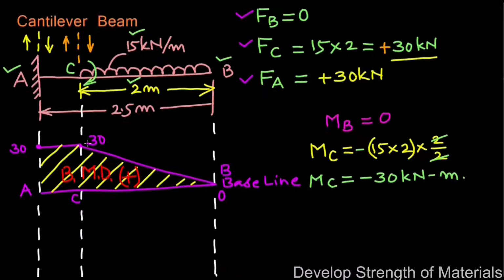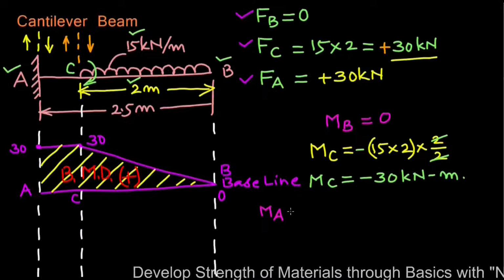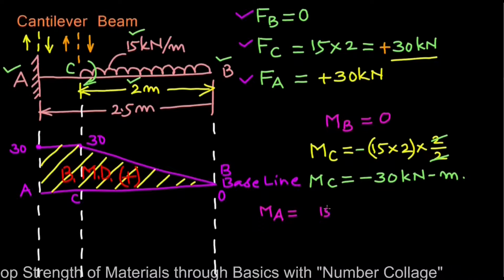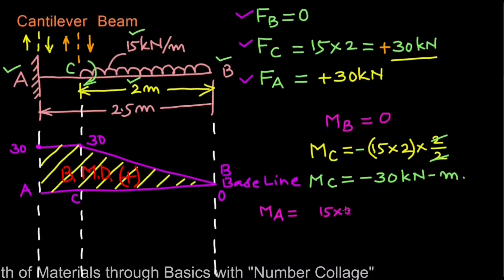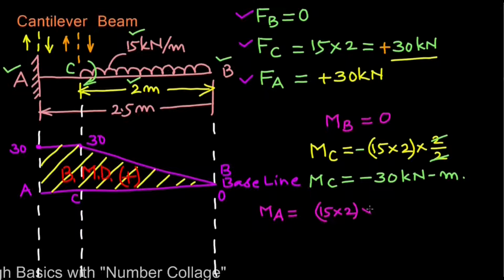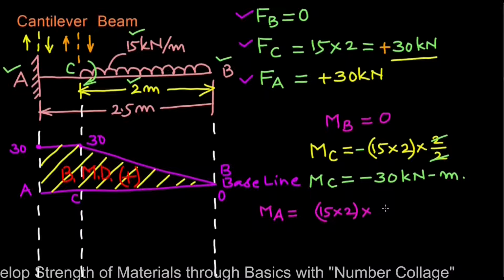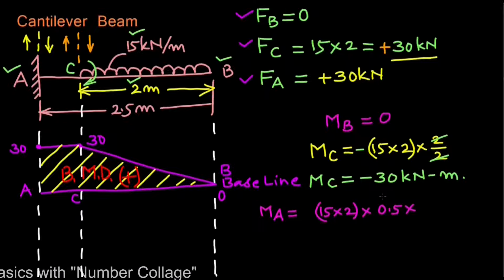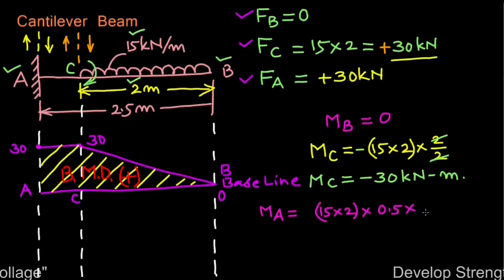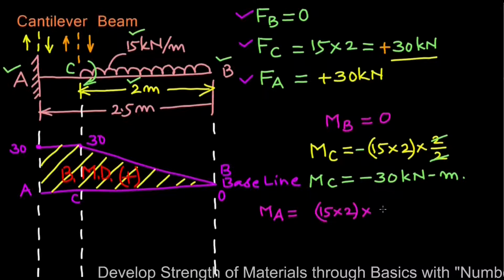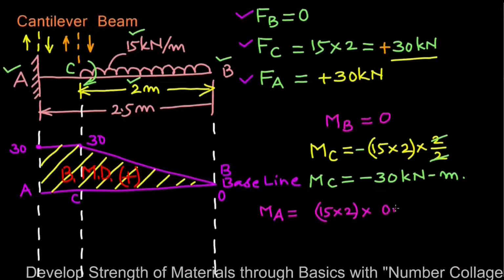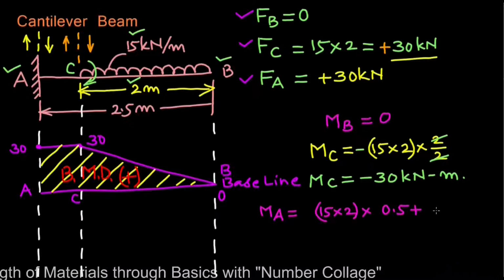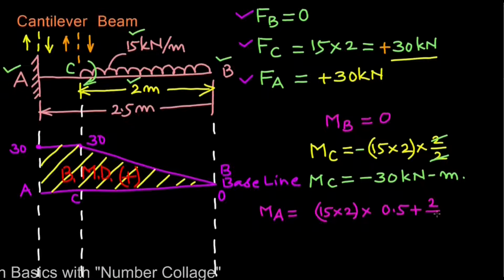Next, bending moment at point A, MA, will be the UDL 15 multiplied by its span, which is 2 meter, multiplied by distance AC, which is 0.5 meter, plus the midspan of CB, which will be 2 by 2, where the UDL is going to act.